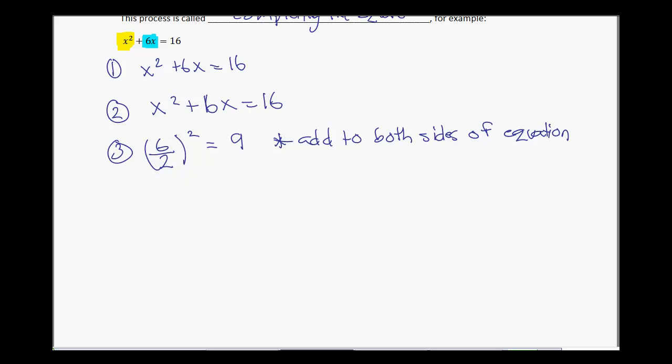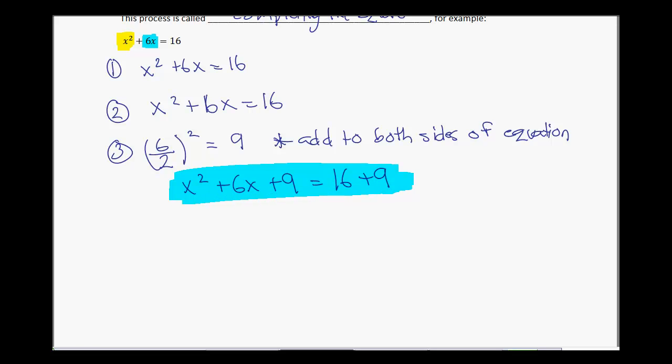So we get x squared plus 6x plus 9 equals 16 plus 9. Our new equation here. So you'll notice now that we have a quadratic expression on our left-hand side that can be factored perfectly to a perfect square binomial, which is x plus 3 all squared. And when we add 16 plus 9 on the right-hand side, we get 25.